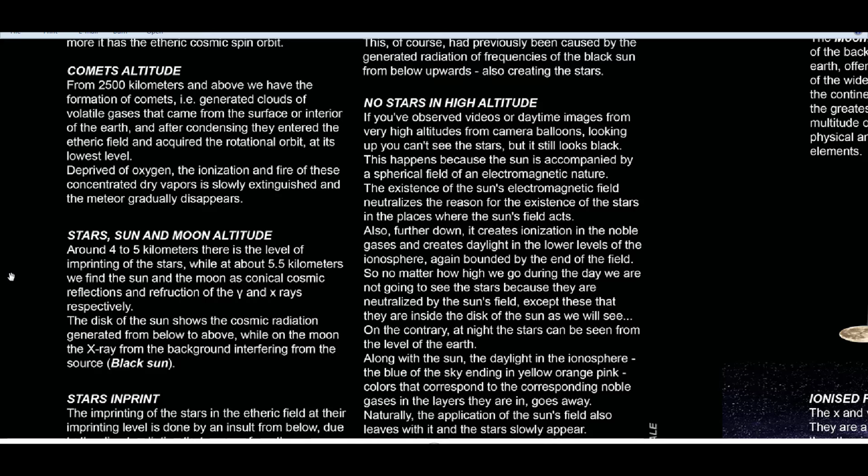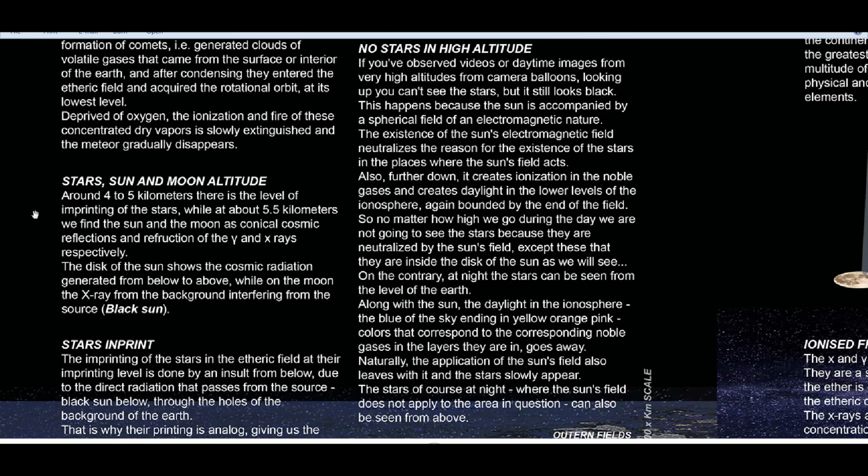So the sun is gamma and the moon is X. The disk of the sun shows the cosmic radiation generated from below to above, while on the moon, the X-ray from the background interfering from the source, the black sun.